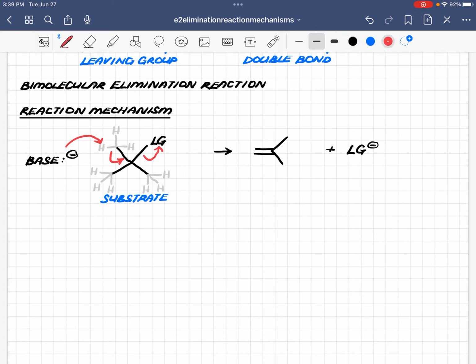So the only step that is happening during an E2 reaction is a proton transfer, which causes the simultaneous expulsion of the leaving group.